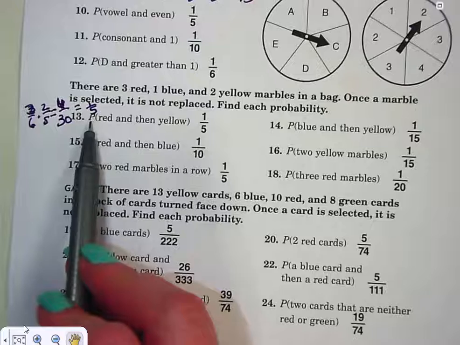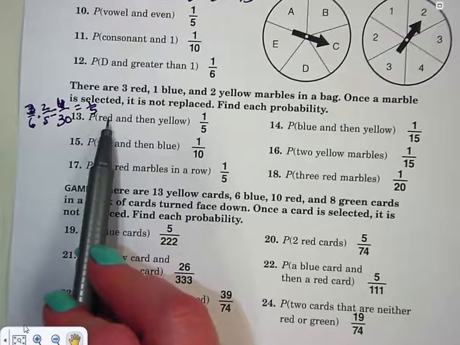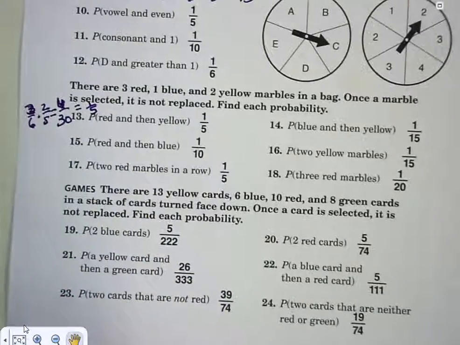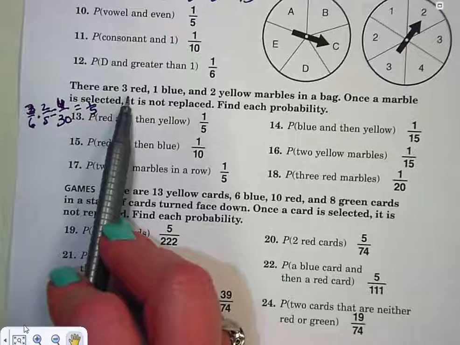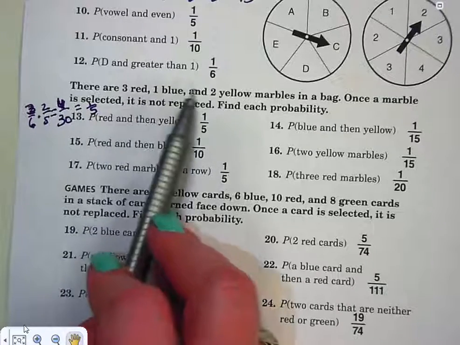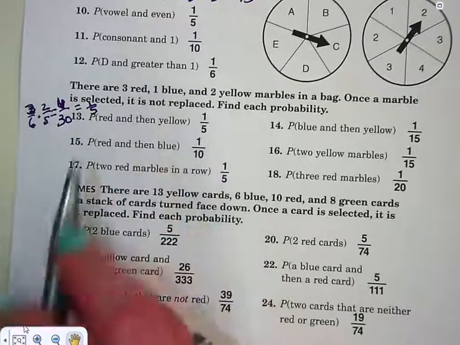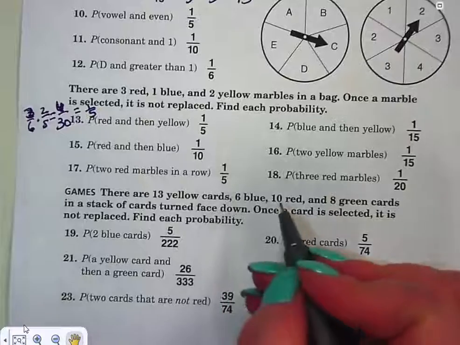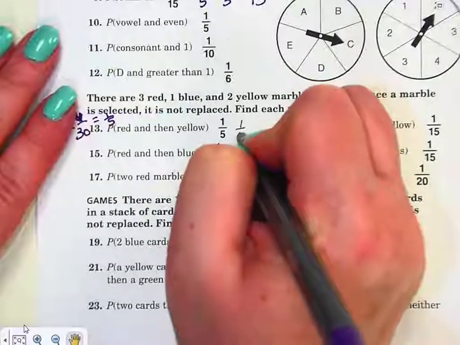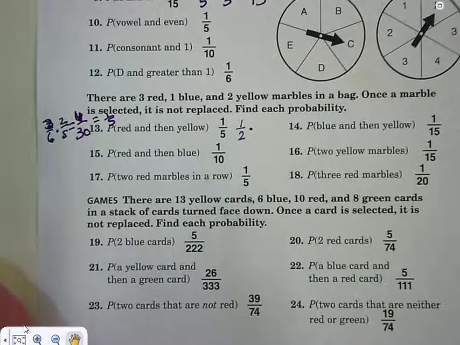So, what is the probability of first selecting a red, not putting that red marble back, and then getting a yellow? So, how many total marbles are there? 3 plus 1 is 4, plus 2 is 6. There's 6 total marbles. And how many red are there? 3 out of 6 is 1/2. Okay, now I put that red marble to the side.